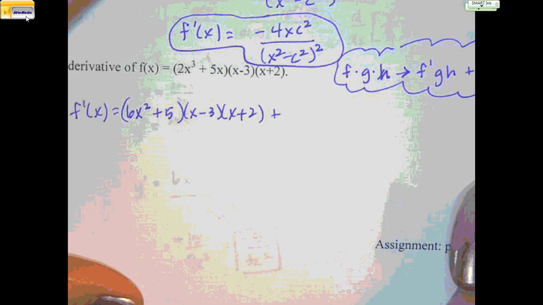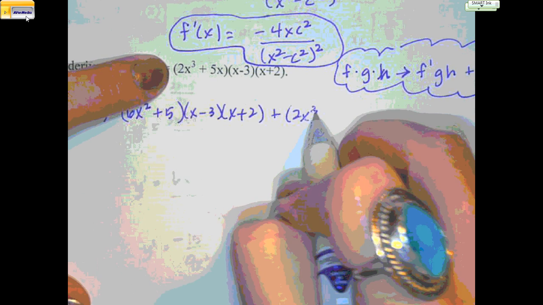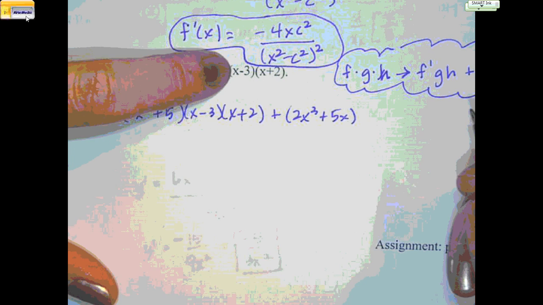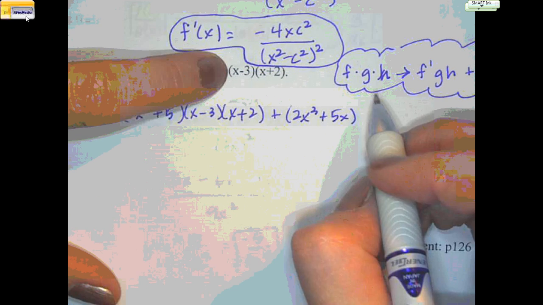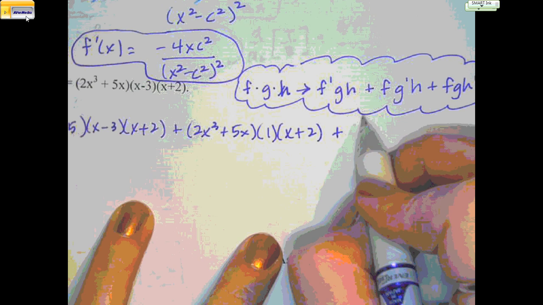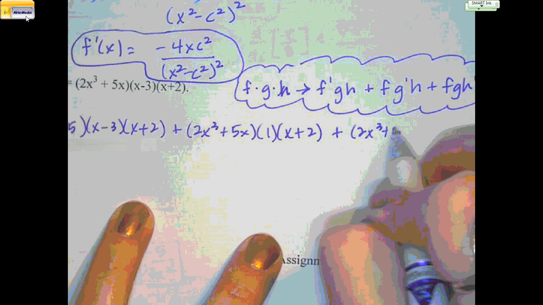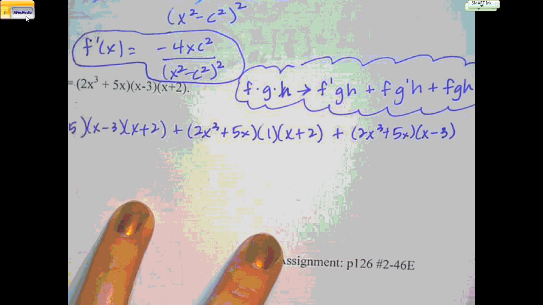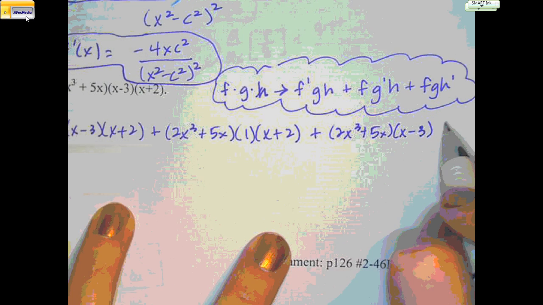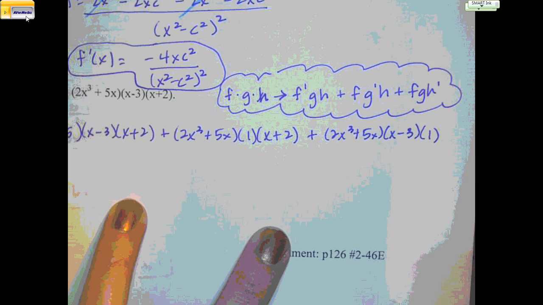Plus, the first one has already had his turn as a derivative, so we're going to write him like normal, times the derivative of the second one, which is 1, times the last one just as it is. Plus, the first and second have both had their chance at being a derivative, so they're just normal now, times the derivative of the last one, which is 1.